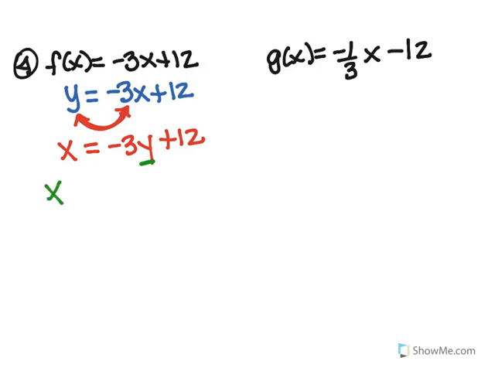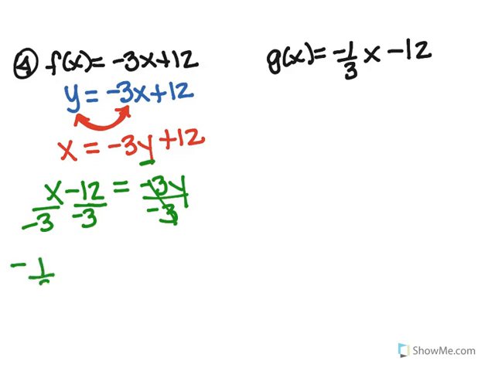So we're going to subtract 12. So it'll be x minus 12 equals negative 3y. Then we're going to divide everybody by negative 3. So that would give us negative 1/3 x. Negative 12 divided by negative 3 is a positive 4, equals y.